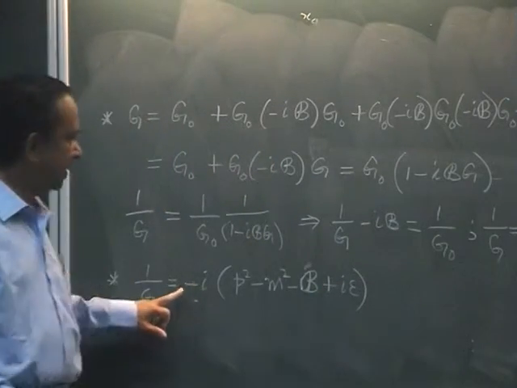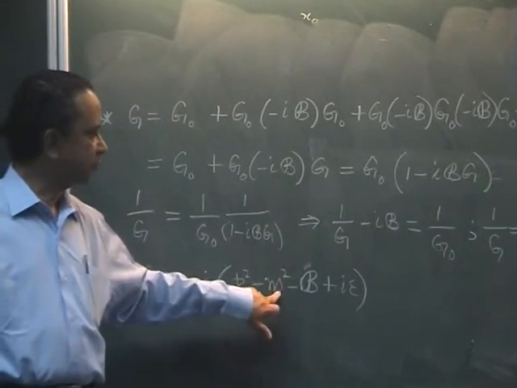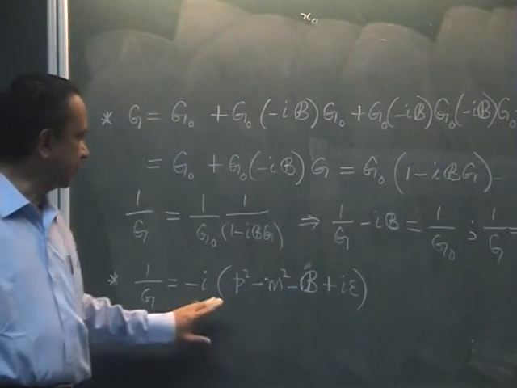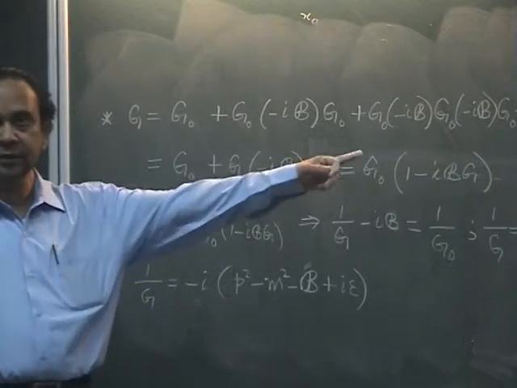Make sure signs are right: minus i p squared minus i m squared plus i epsilon is from the first term, and this minus gives you a plus i B, which is the second.